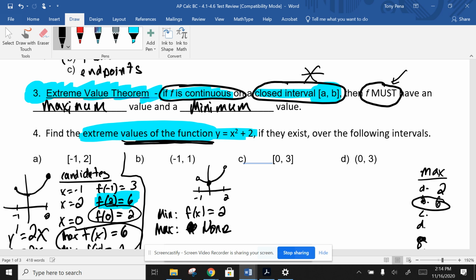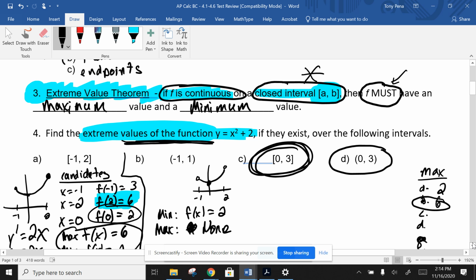And the extreme value theorem wouldn't have guaranteed us one because it didn't satisfy the two conditions. So if it's not closed, then it could either have a min, a max, or neither? Correct. Yep. So like this one, you better get both because it's a closed interval. This one, we could get both. We could get none. We could just get one like you just said. All right, thank you. Yep.